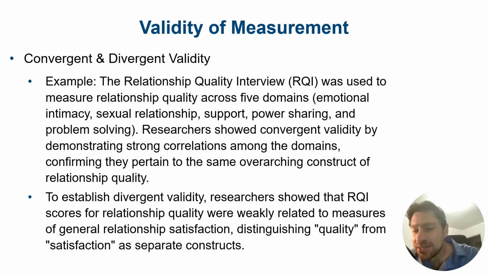You can be satisfied with a really crappy relationship of low quality, and some people find themselves in that position. And so the fact that the RQI does not correlate with distinct constructs is a measure of divergent validity, and the fact that the 5 domains of the RQI correlate with each other is a measure of convergent validity.